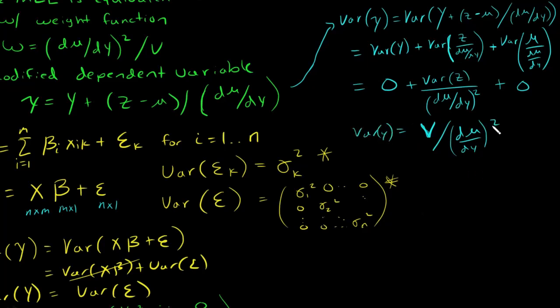So this is the variance of y, or in other words, I've written that as sigma, for the kth observation, right? So all of this could have had a k subscript everywhere. If you follow that down, you would have a k subscript here and here.